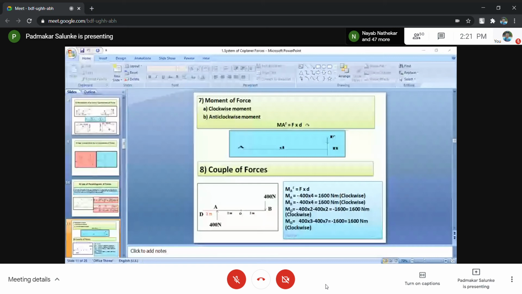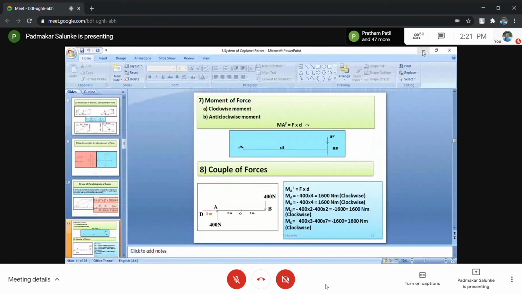Okay. So there are two very important activities. One is called moment of a force, and the second one is called couple of forces. Moment of a force is the product of force and the perpendicular distance between the line of action of a force and the point at which moment is taken.